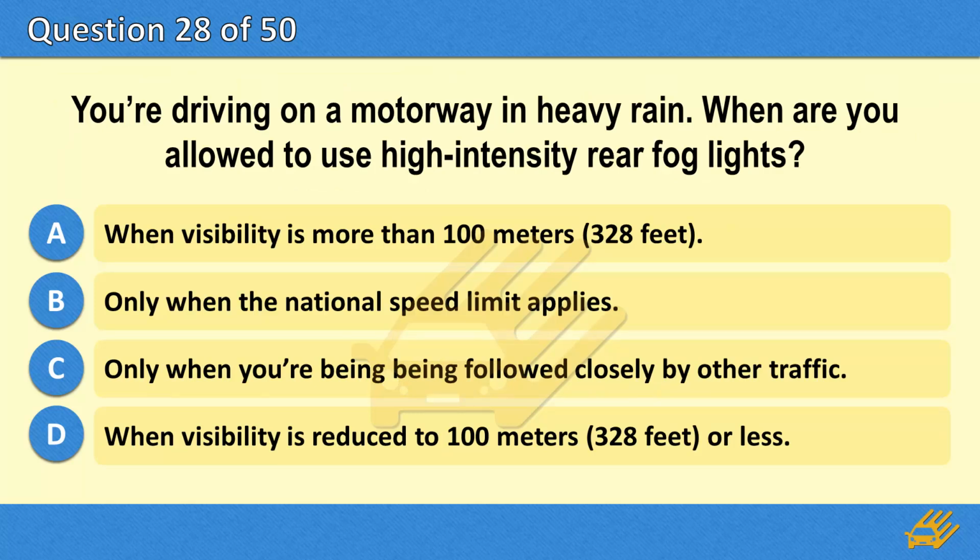You're driving on a motorway in heavy rain. When are you allowed to use high-intensity rear fog lights? A. When visibility is more than 100 meters, 328 feet. B. Only when the national speed limit applies. C. Only when you're being followed closely by other traffic.